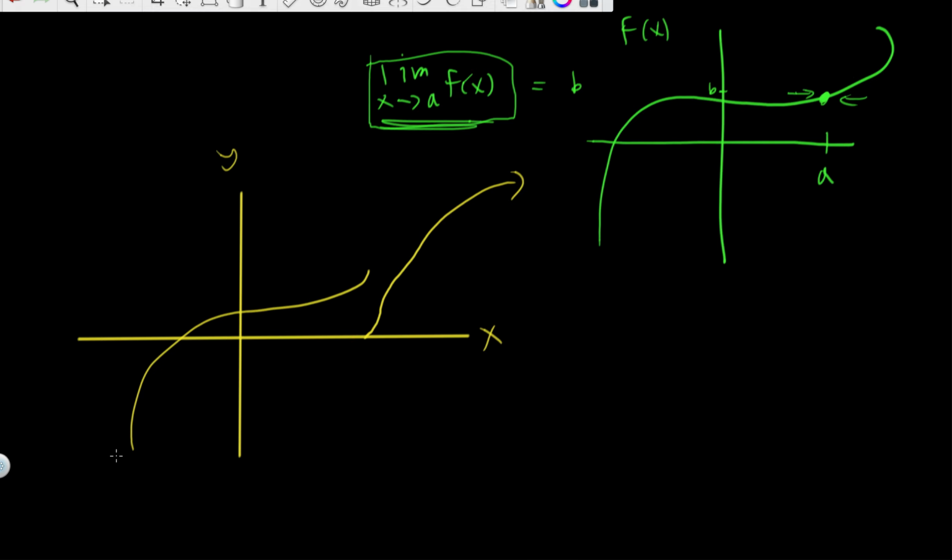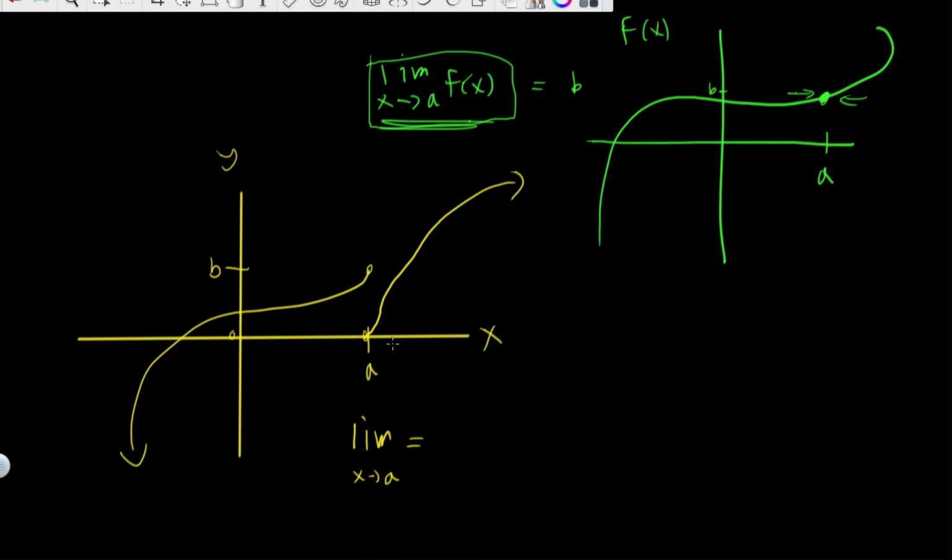Okay, so this is the same function, and there's a discontinuity here, right? Now, this function is interesting. Let's say this value here is a as well, and then this value is b, and then this is 0, obviously, right here.